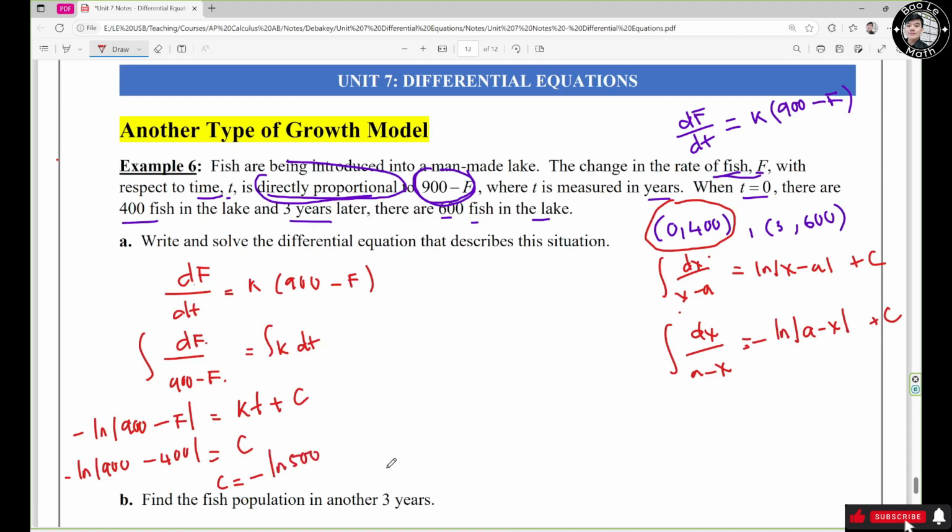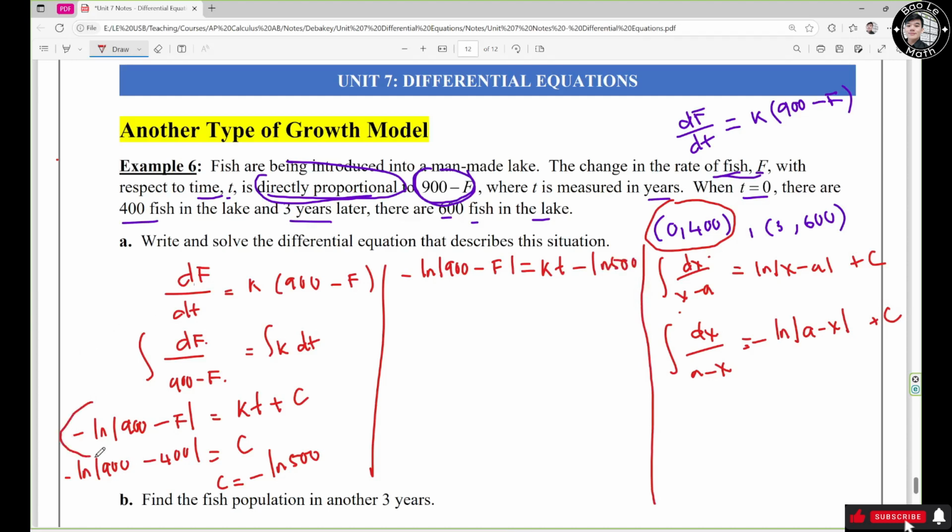Then I have the equation negative natural log of absolute value of 900 minus f equals kt minus natural log of 500. Substitute into this equation right here. I get this one.